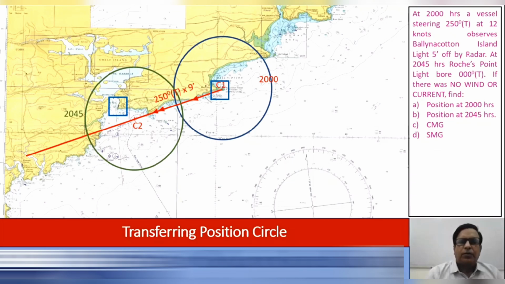At 20:45, the question also gives us a position line where Roche's point light is bearing 000 degrees true. So we plot the 20:45 PL. We have a 20:45 PL and a 20:45 position circle where the two intersect, that is point Y, becomes the position at 20:45.